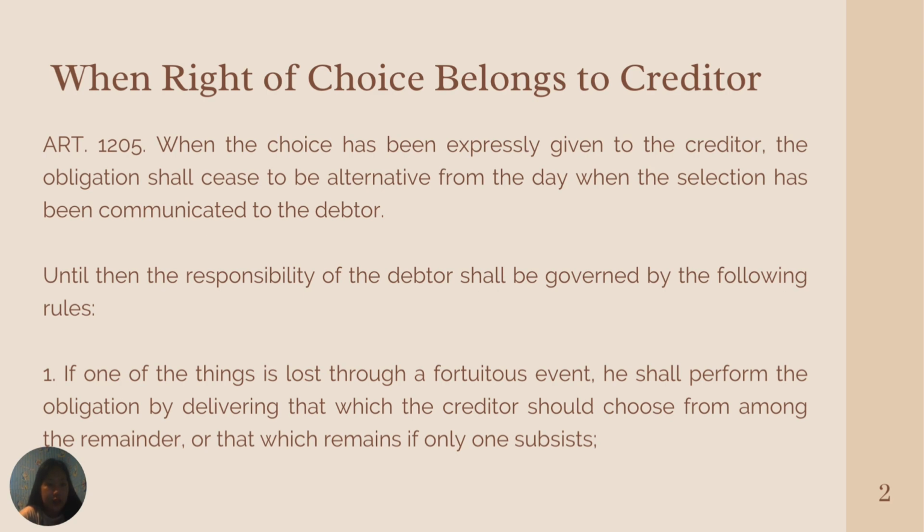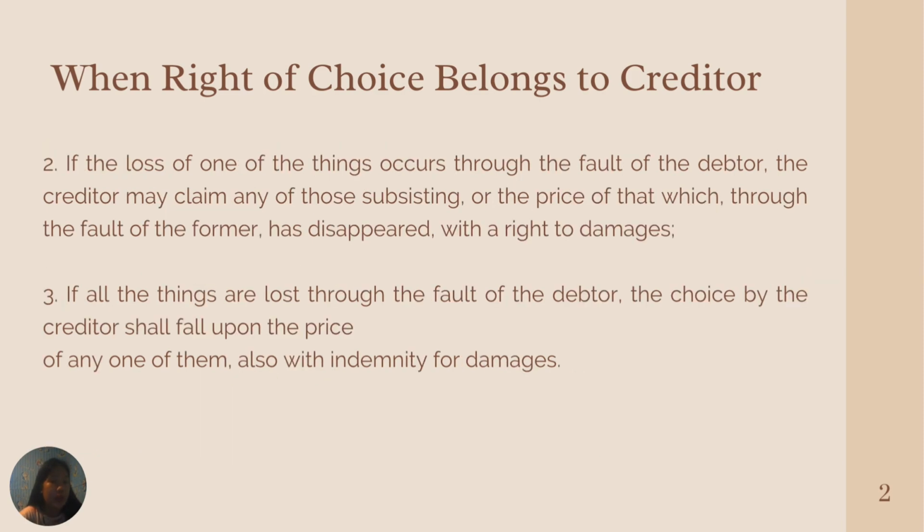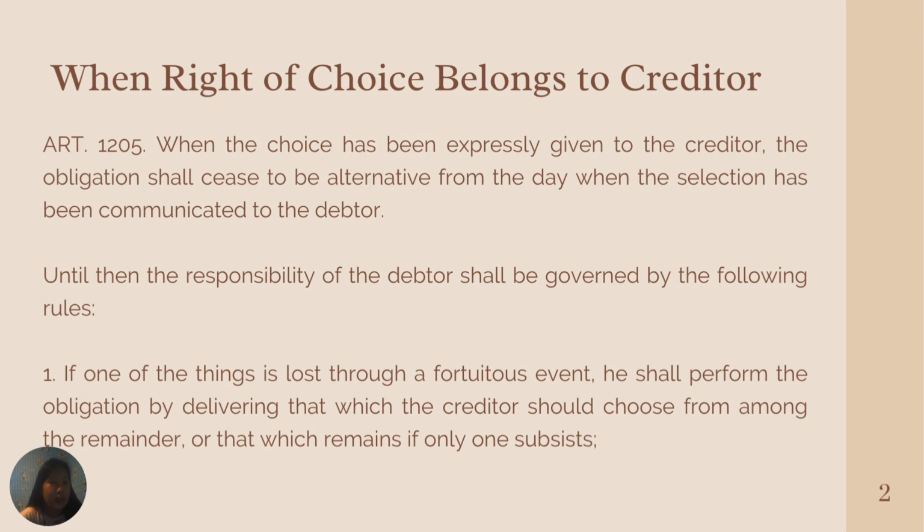Okay, so according to Article 1205, when the choice has been expressly given to the creditor, the obligation shall cease to be alternative from the day when the selection has been communicated to the debtor. So until then, the responsibility of the debtor shall be governed by the following rules. Number one, if one of the things is lost through a fortuitous event, he shall perform the obligation by delivering that which the creditor should choose from among the remainder, or that which remains if only one subsists.